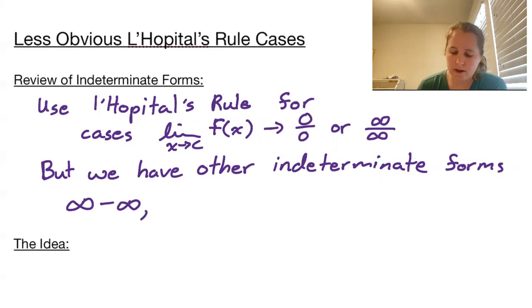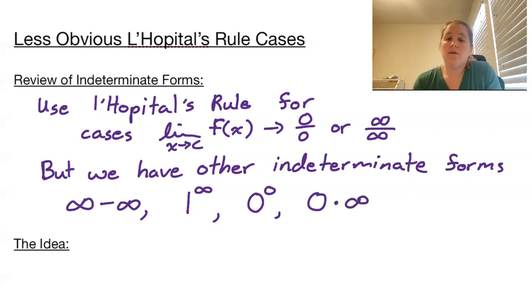We could also have a case where we do 1 raised to the infinity, 0 raised to the 0th, or 0 times infinity. All of these are cases where we have contradictory things happening, right?